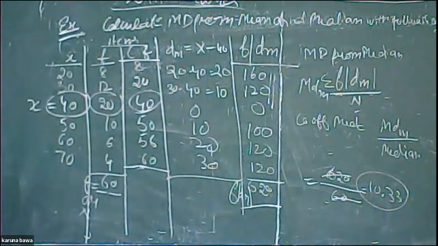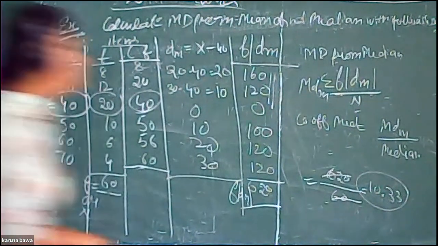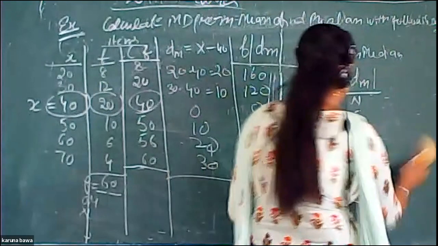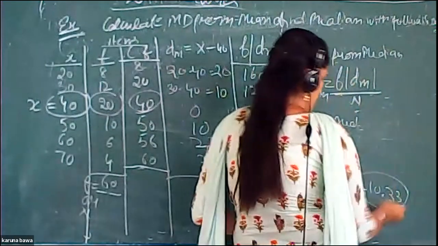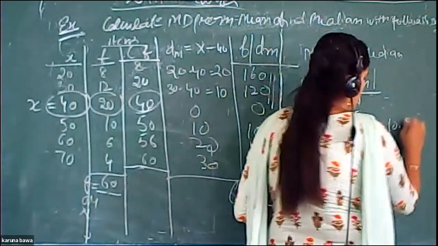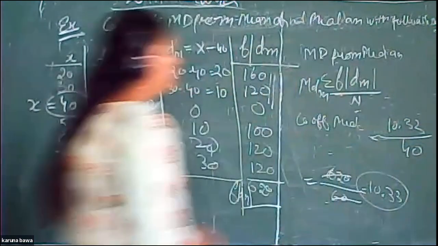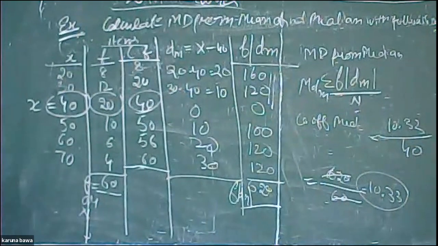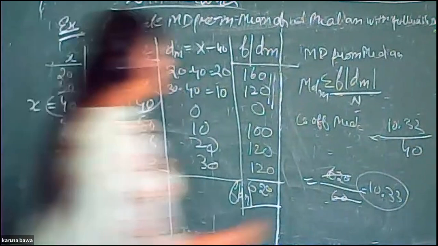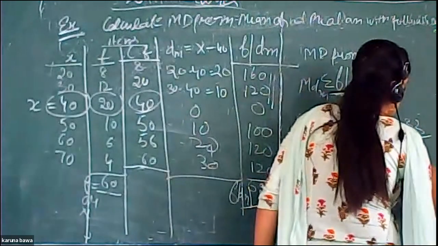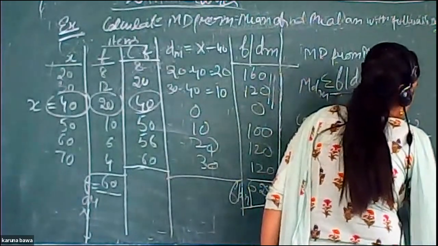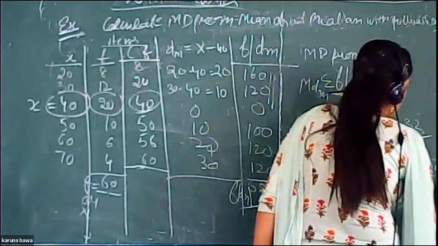So now find out the coefficient of median deviation: mean deviation from median, 10.33, divided by the median value, 10.33 divided by 40. After the division, it is 0.258. This is the coefficient.